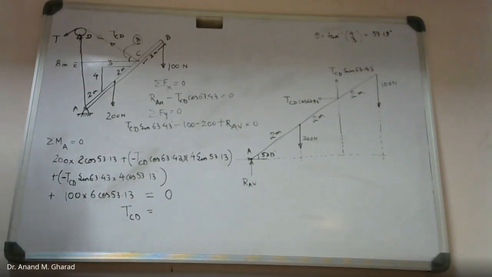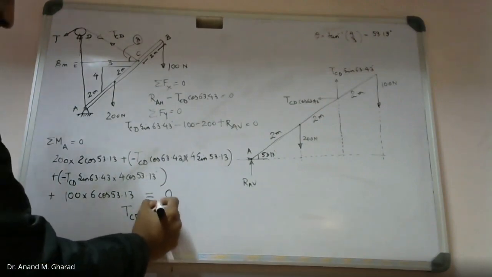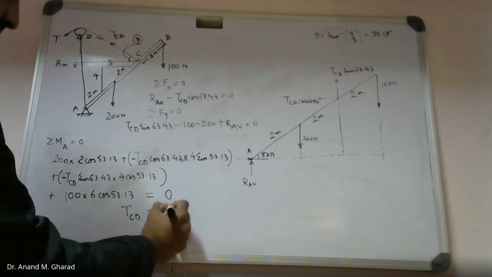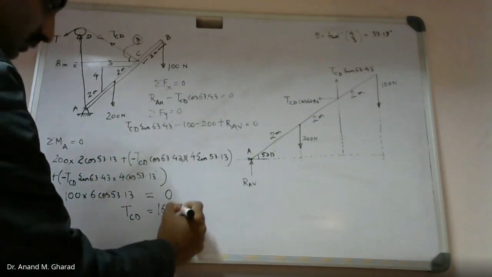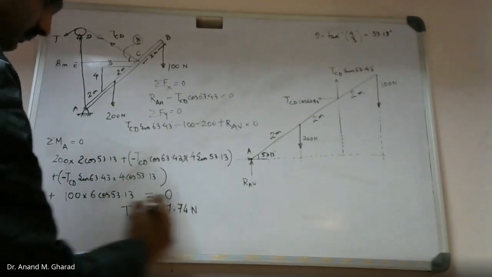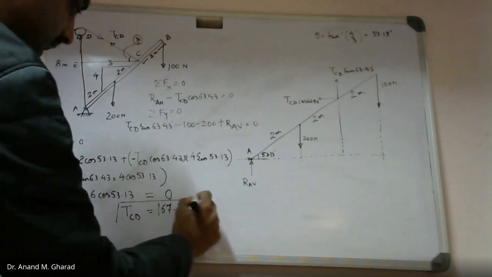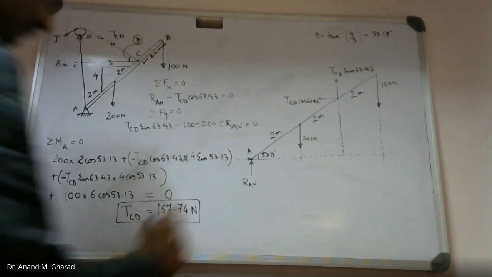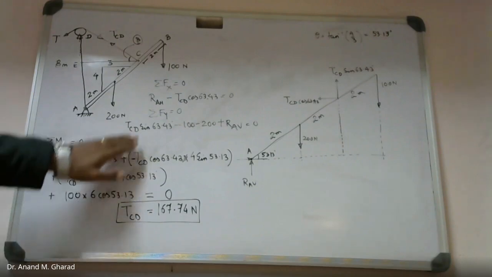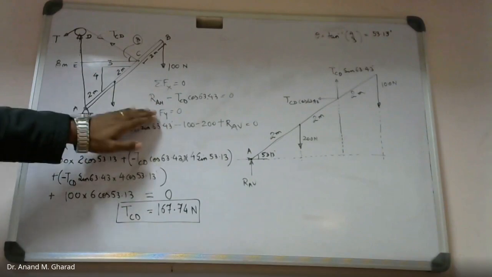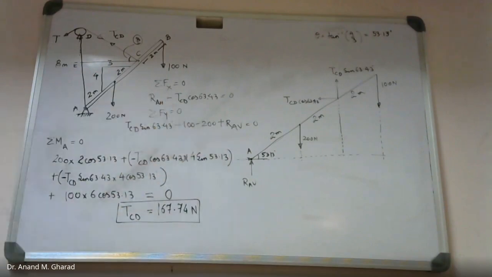Is it this value? Please verify. 167.74. I am getting this value 167.74. You can verify this value, and once you get this value, you substitute in the earlier two equations in order to get RAV and RAH.